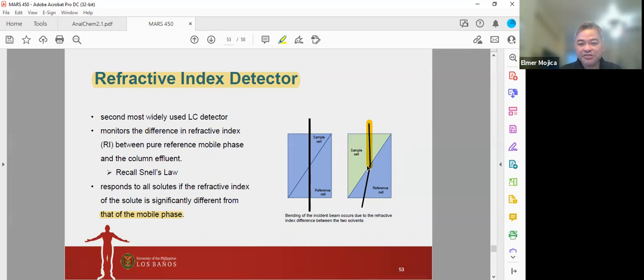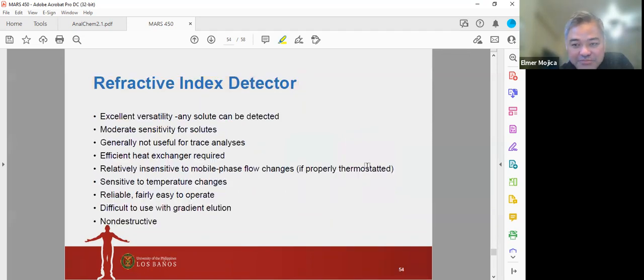Once you change the composition, it might pick it up as a difference in the refractive index as a signal. As long as it's isocratic elution, with the same composition all throughout, it's fine. But if it's gradient elution, this is not a great detector. And the good thing about this is it's also non-destructive.